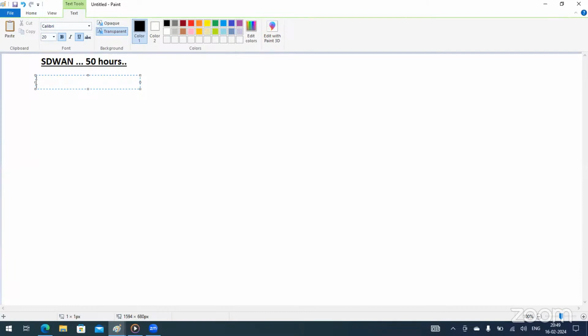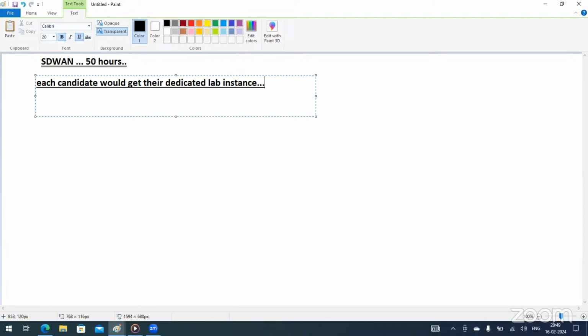So each candidate who has enrolled in the course would get their dedicated lab instance. Everybody needs to configure their own lab instance from scratch.